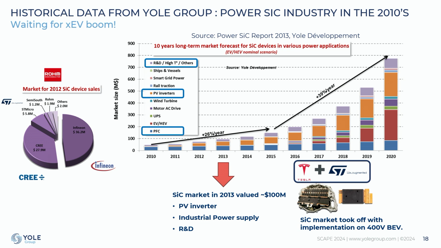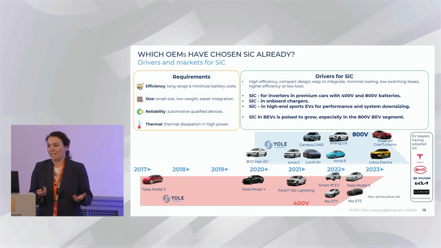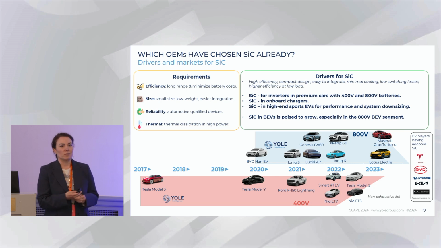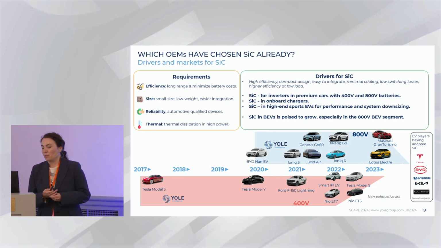Then in 2017, the introduction by Tesla and ST of the first silicon carbide device in an inverter, a physical device. And here there was much more interest in integration and in automotive. We discussed all these two days about battery electric vehicles.